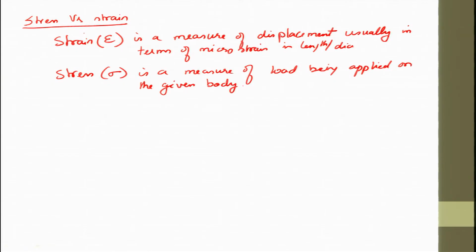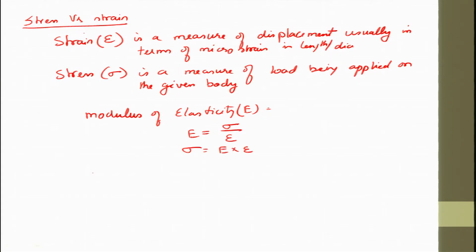Okay. So, the stress and strain are linked by modulus of elasticity, E. So, Hooke's law says within the elastic limit E is equal to stress by strain, or I can say stress equal to E into strain. Okay.